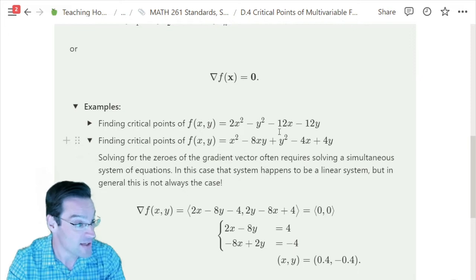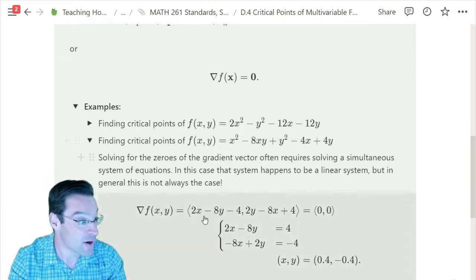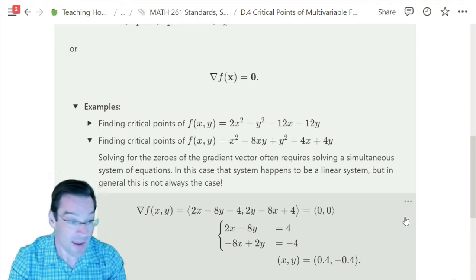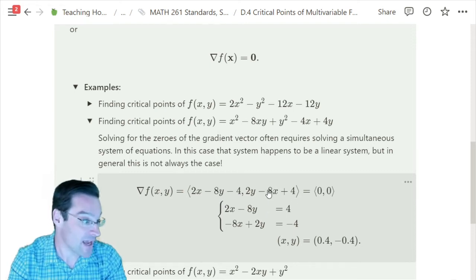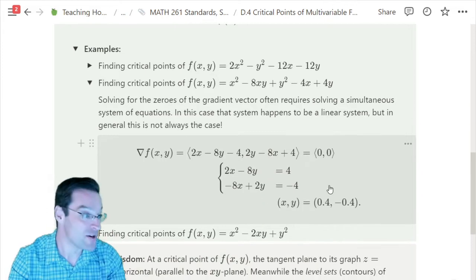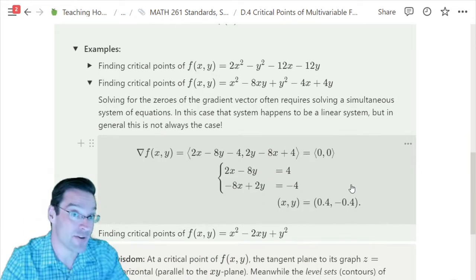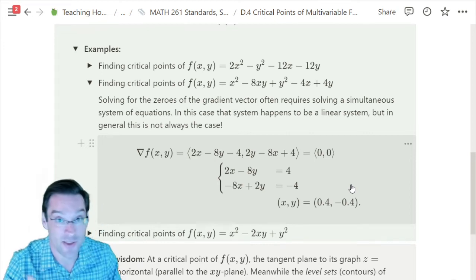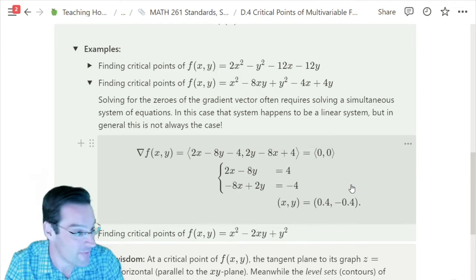So for this function, x squared minus 8xy plus y squared minus 4x plus 4y, when we take its partial derivatives, both the x partial and the y partial have both an x and a y in them. And so for that example, when we set each of those equal to 0, we end up with a system of two equations to solve for x and y. That in this case happens to be a system of two linear equations, so those of you taking linear algebra with me this summer will recognize some possible ways to solve that.